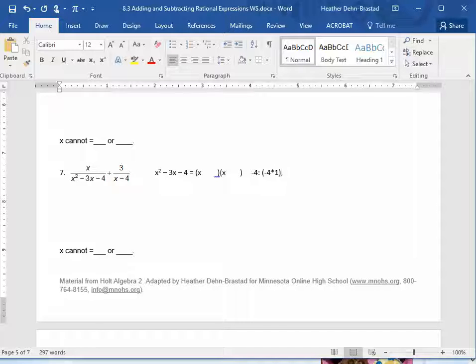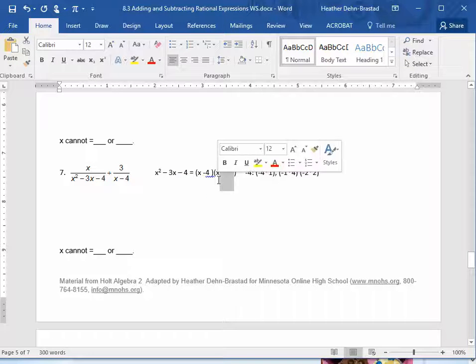We could do -1 times 4. Or we could do -2 times 2. We have to pick the pair of factors so that when we add them together, we would get -3. So the first ones were the ones that I want to use. So in here, I want to put -4, and over here, I would put +1.